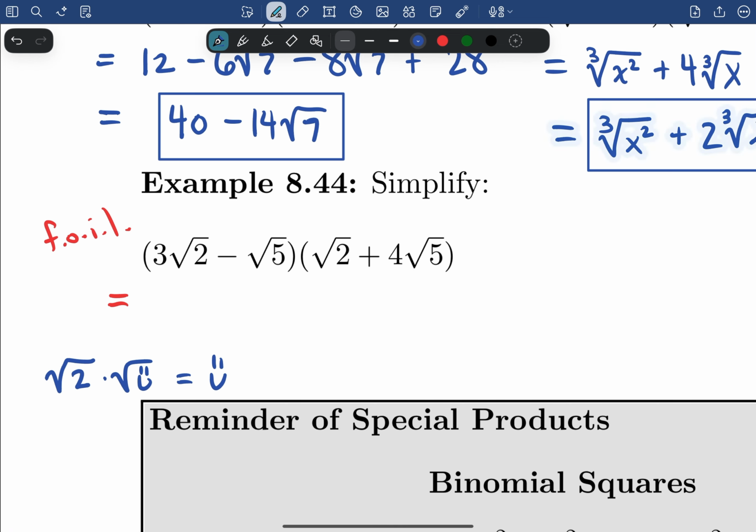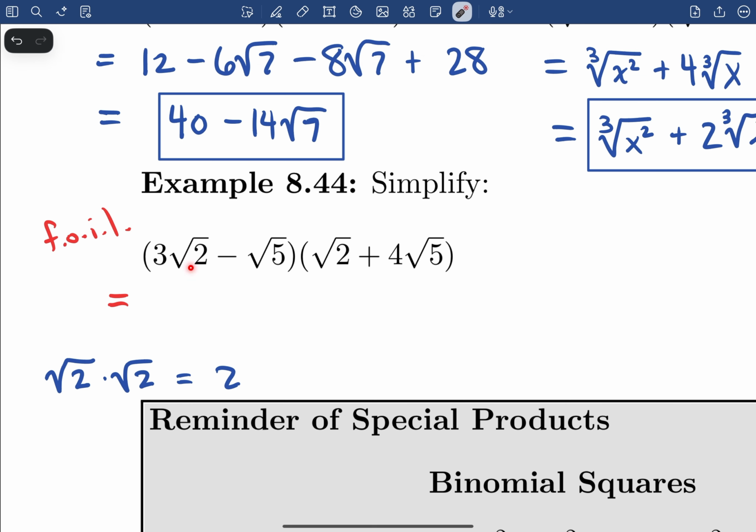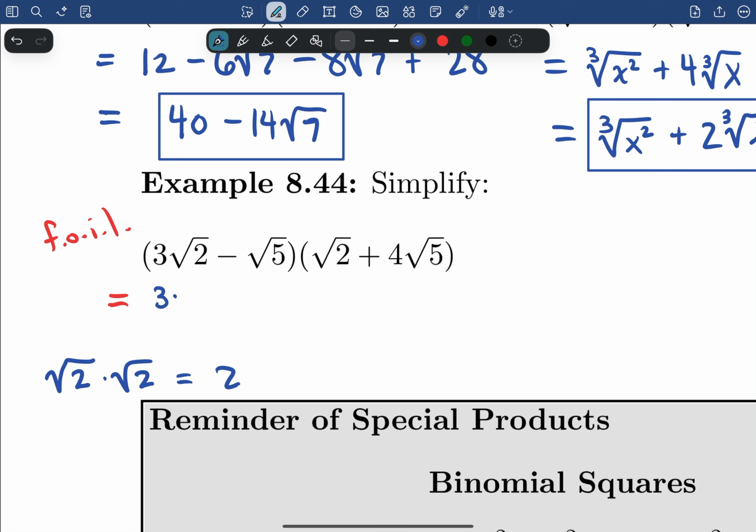Well, I'm talking about 2. The square root of 2 times the square root of 2, that is equal to 2. All right? So I'm taking the square root of 2 and I'm multiplying it with the square root of 2 to get 2. And then 3 was multiplied in front. So this is 3 times 2.